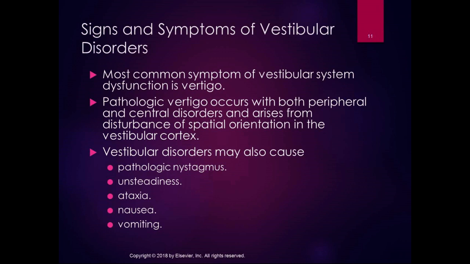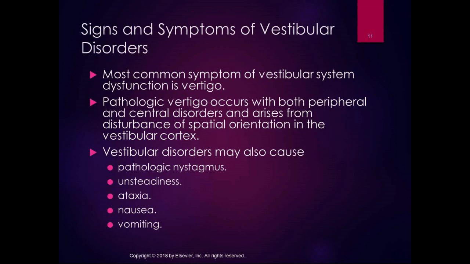But pathologic vertigo occurs with both peripheral and central disorders, and it arises from disturbance of spatial orientation in the vestibular cortex. It's a sudden imbalance of vestibular signals, and it's usually caused by a lesion of the vestibular apparatus, the vestibular nerve, the vestibular nuclei, or the cerebellum.